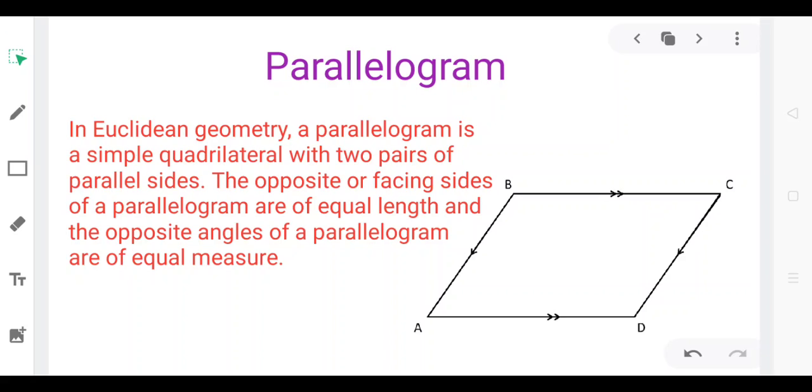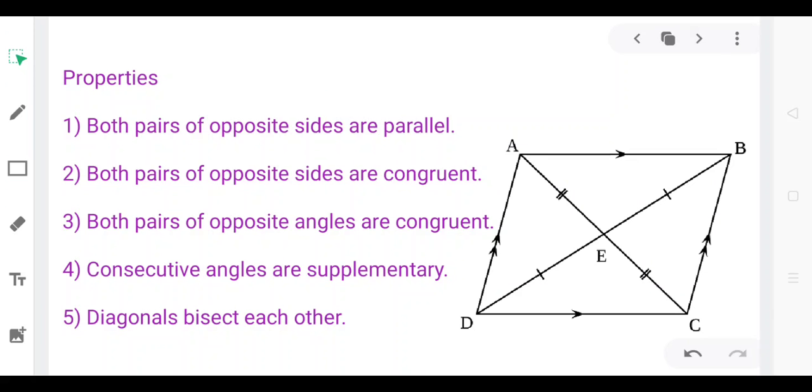Here the two pairs of sides are parallel, that is AD is parallel to BC and BA is parallel to CD. The opposite or facing sides of a parallelogram are of equal length, and the opposite angles of a parallelogram are of equal measure. That means the opposite sides of a parallelogram are also equal like a rectangle, and opposite angles are also equal.